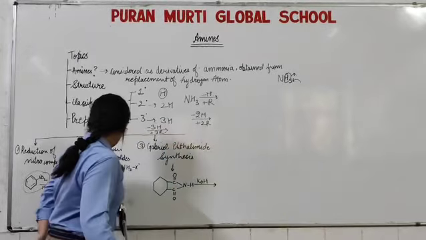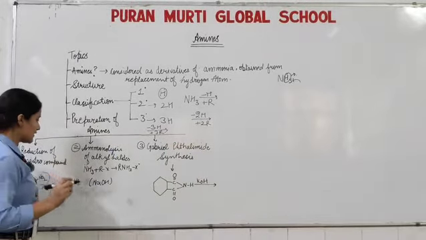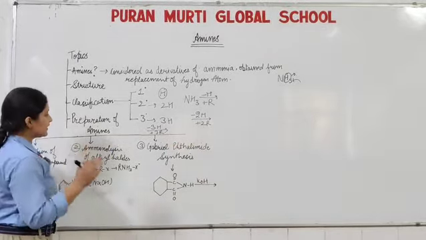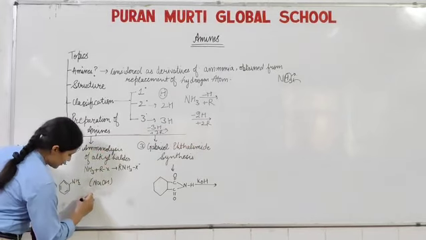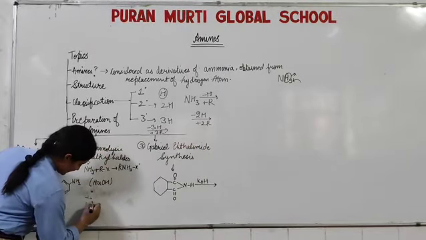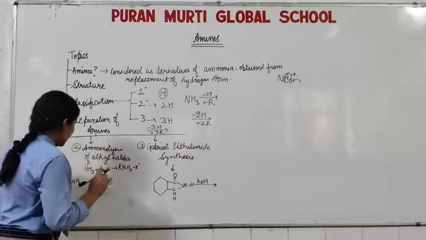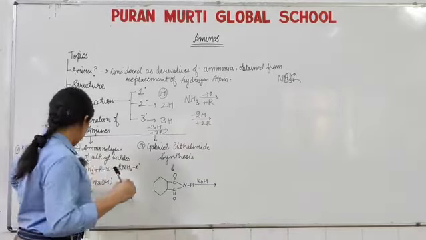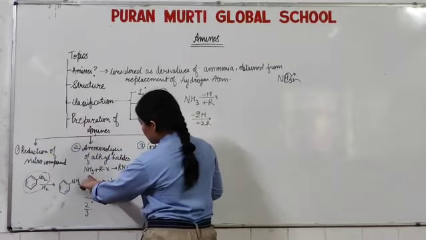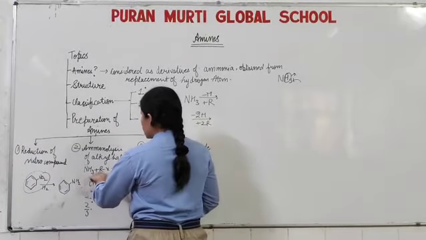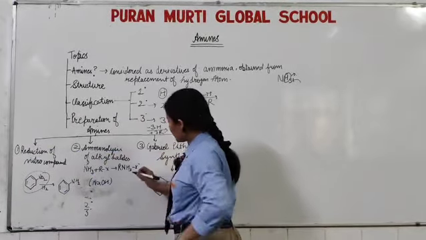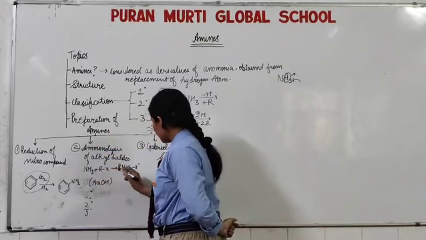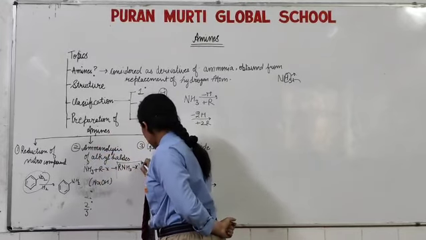Our next reaction is ammonolysis. Ammonolysis is basically again in 3 parts: first primary, then secondary, and then tertiary. It's nothing, just in each step one H keeps on decreasing. First reaction we have NH3 plus RX. Here we just add both of them and get this as a resultant.